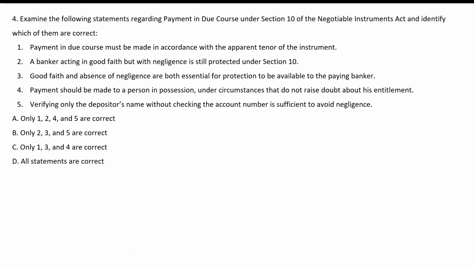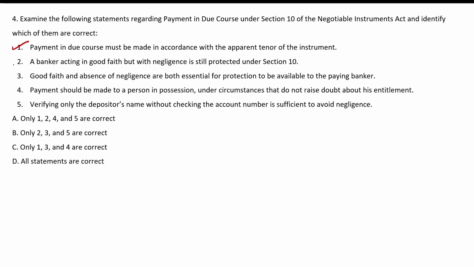Examine the following statements regarding payment in due course under Section 10 of the Negotiable Instruments Act and identify which of them are correct. Payment in due course must be made in accordance with the apparent tenor of the instrument. Absolutely correct. A banker acting in good faith but with negligence is still protected. No, it should be in good faith without negligence.